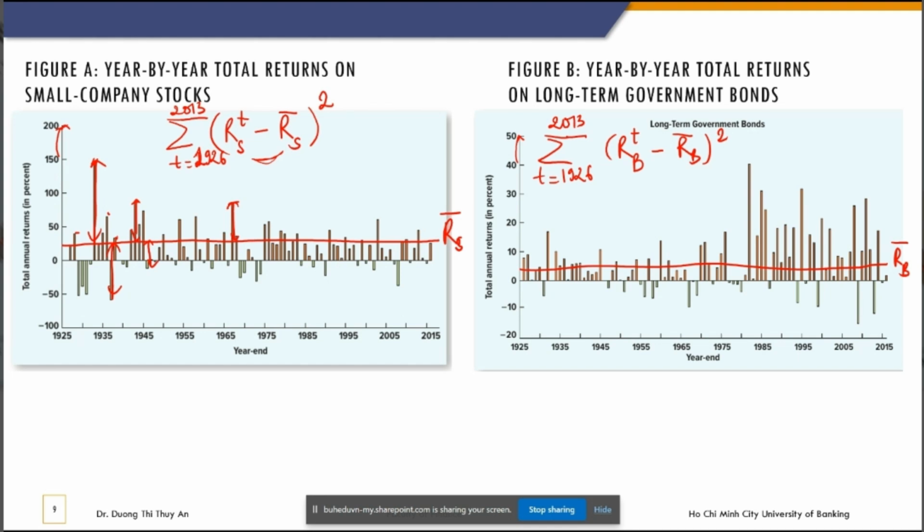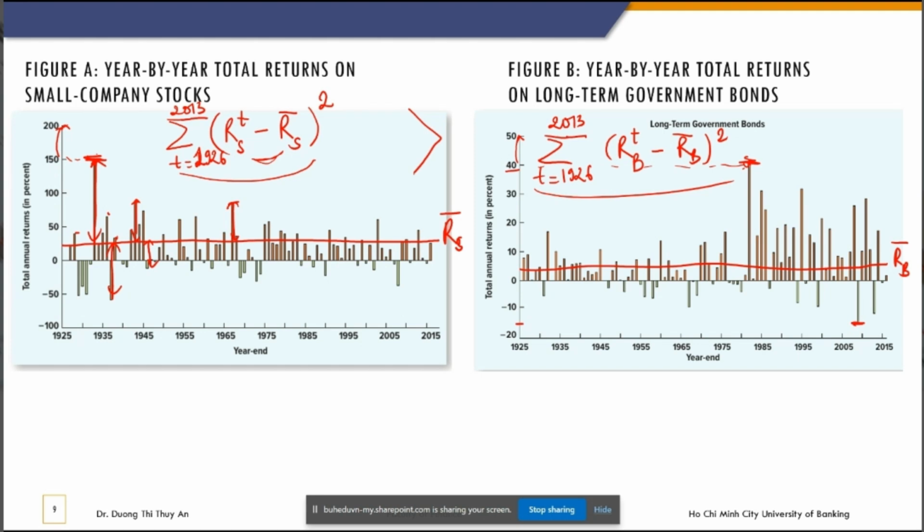Please tell me which number is larger, figure A or figure B? Figure A. The number in figure A is for sure much larger than the number in figure B. Because look at the small company stock: the high point is only 150 and corresponds to 40, and this one is about minus 17%.